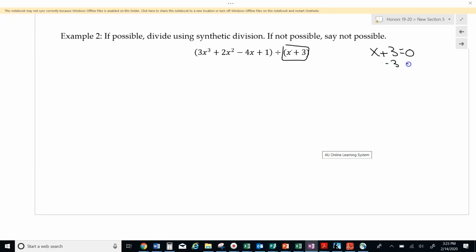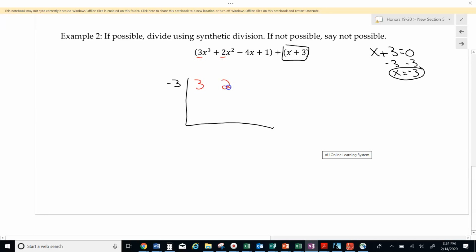When I draw my house, that -3 is going to go on the outside. Then again, I'm just taking my coefficients: 3, 2, -4, and 1.